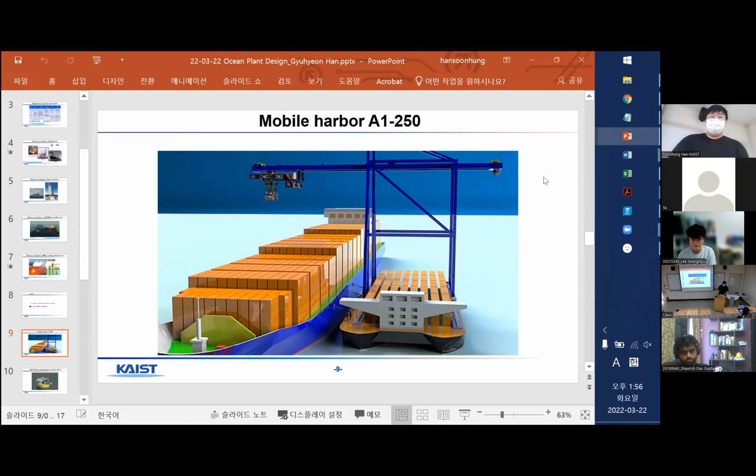So with the mobile harbor, the ship is quite far from the harbor, but this mobile harbor can move to the ships and offload the containers. So with the small harbors, we can offload the containers from the big container ships.